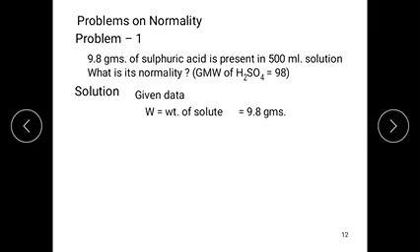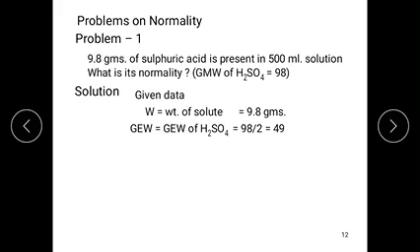The given data is the weight of the solute, which is 9.8 grams. Next, the gram equivalent weight of H2SO4 is 98 by 2. Here the gram molecular weight is given, but we need the gram equivalent weight.